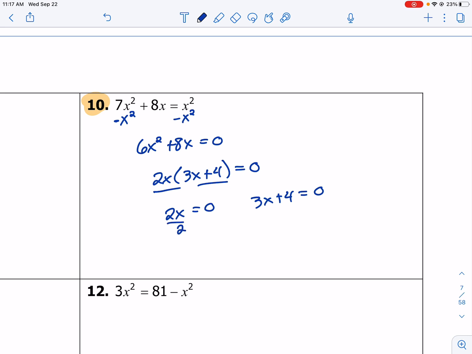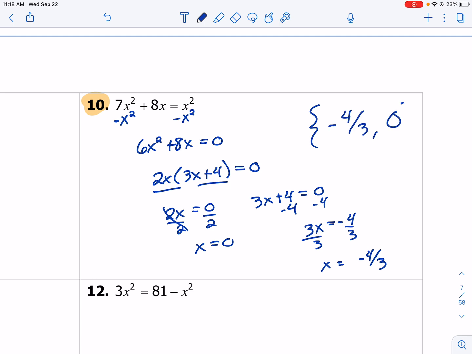We get x equals 0 and x equals negative 4/3. Write them using your brackets. Let's put the negative first, so we're going in ascending order, and there we go.